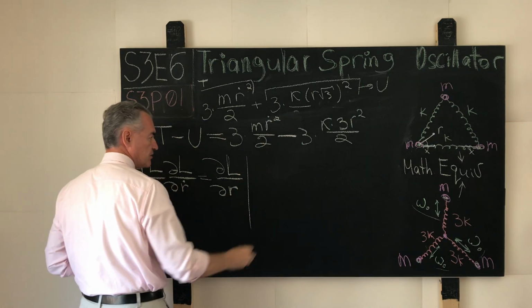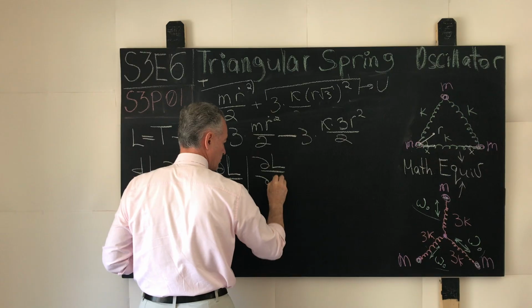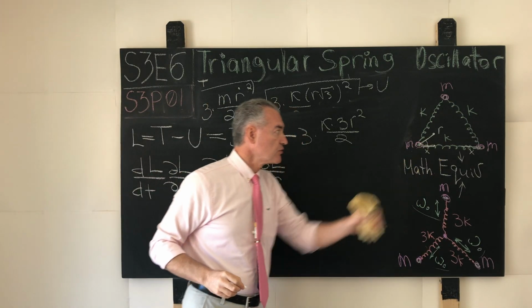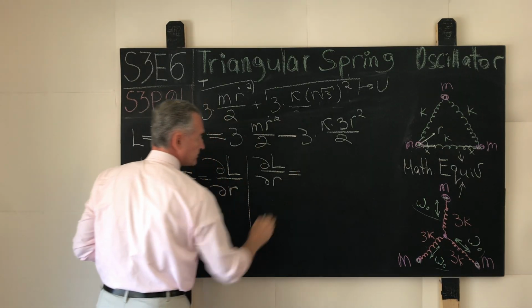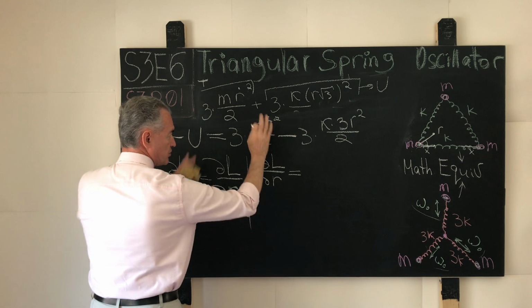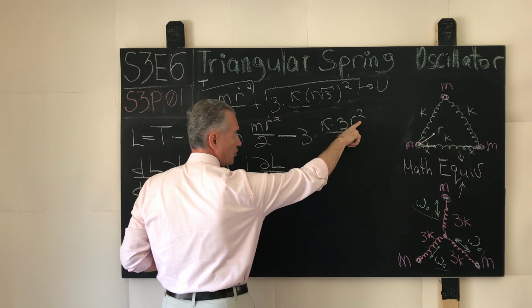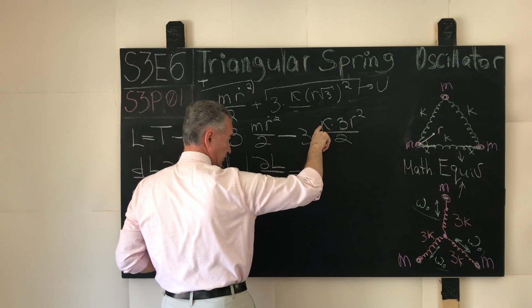So let's do this carefully. The partial derivative of our Lagrangian with respect to the coordinate r, the radial displacement of the oscillating point mass, is what? This is 0. We treat this as a constant. And what is over here with respect to r? That will be r times 2.